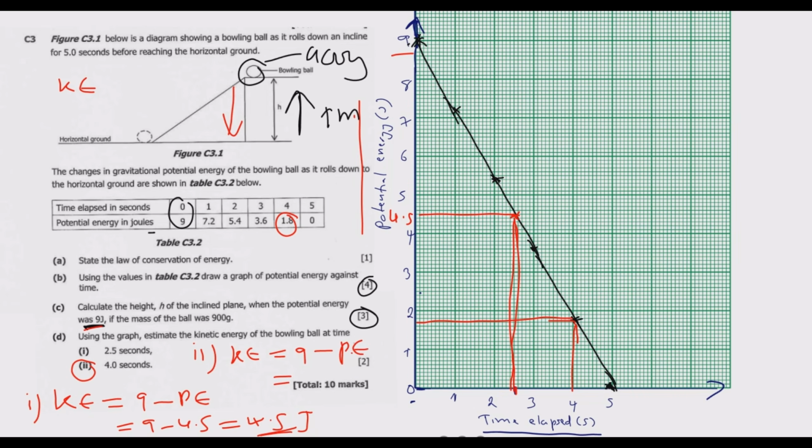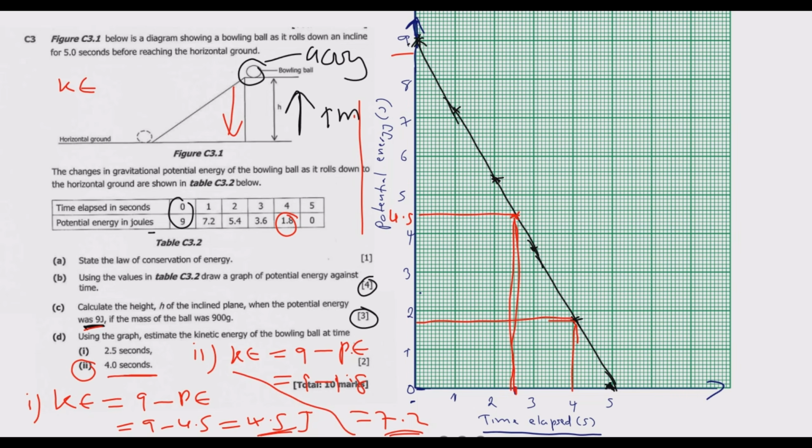So we are going to have 9 minus 1.8. So 9 minus 1.8, what it tells me is we are going to remain with 7.2 of kinetic energy as our answer.